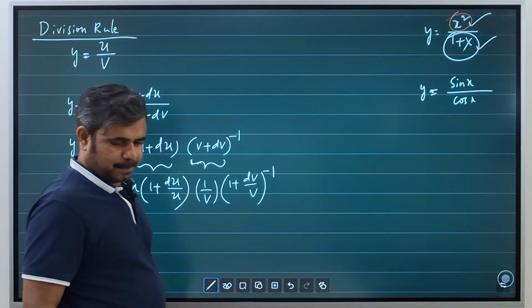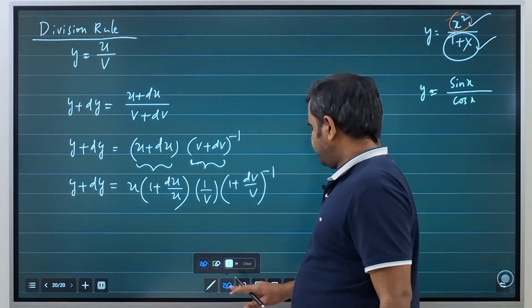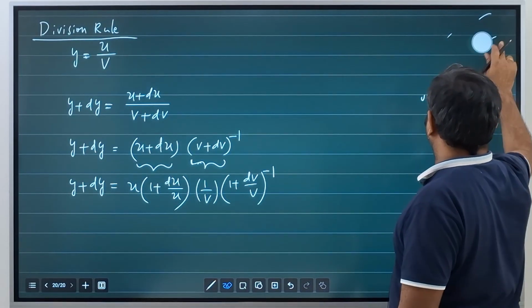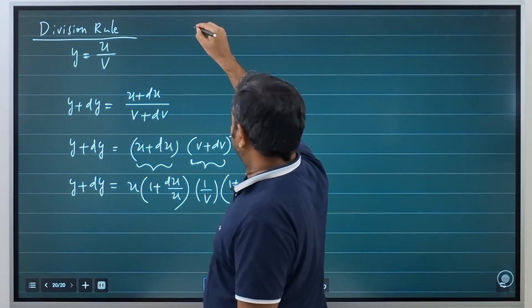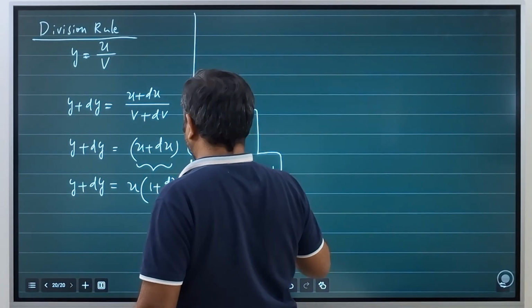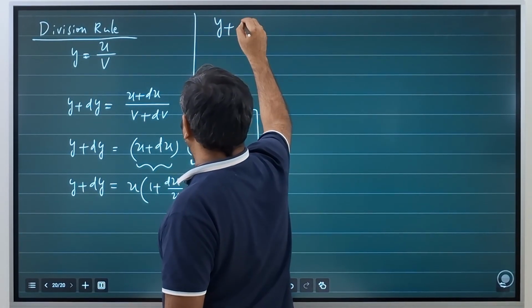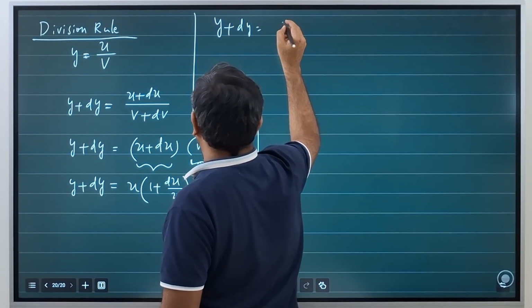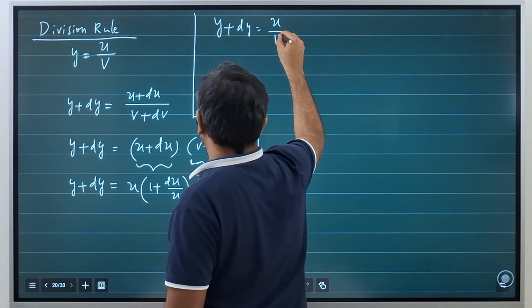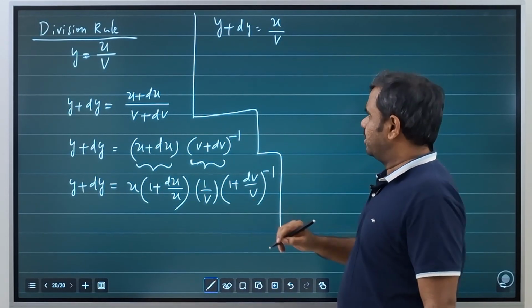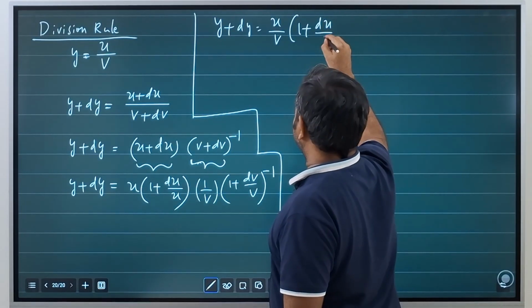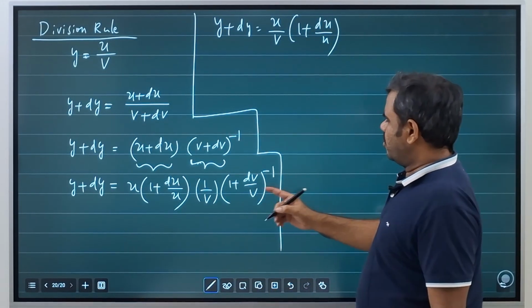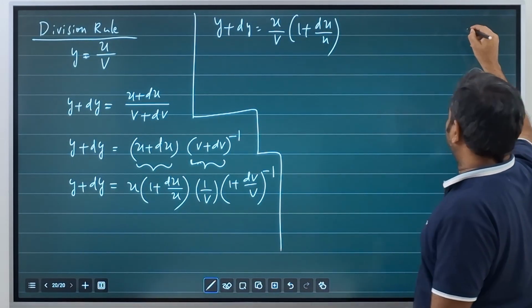Now that equation can be rewritten as y plus dy is equal to u by v into 1 plus du by u, 1 plus dv by v whole power minus 1.